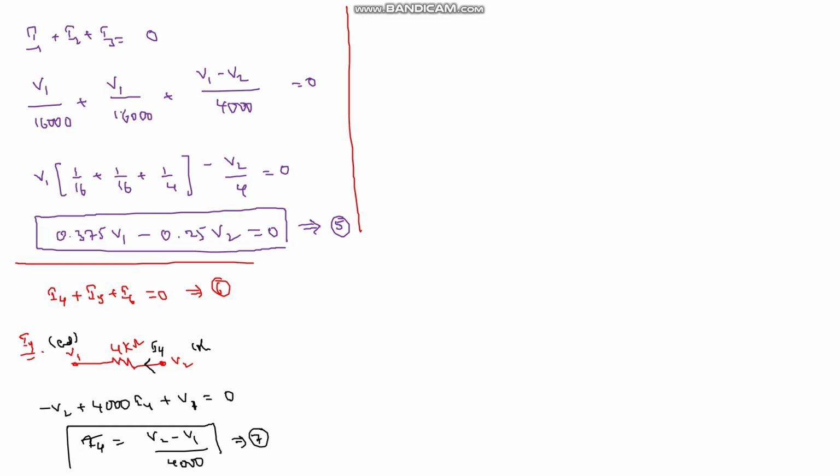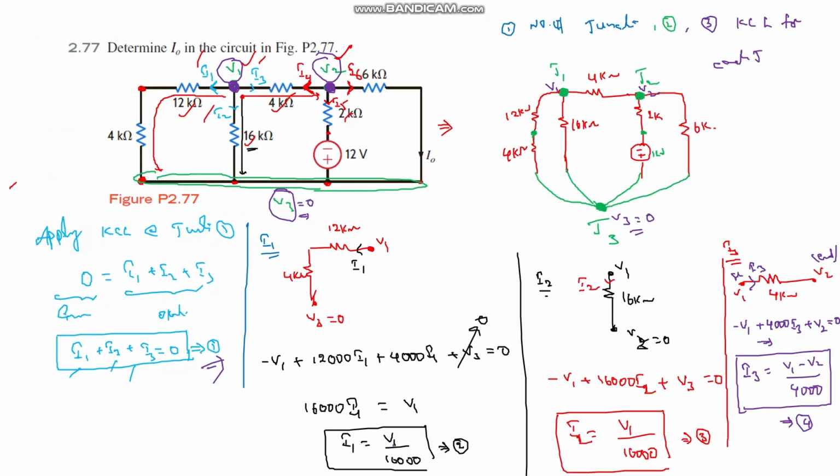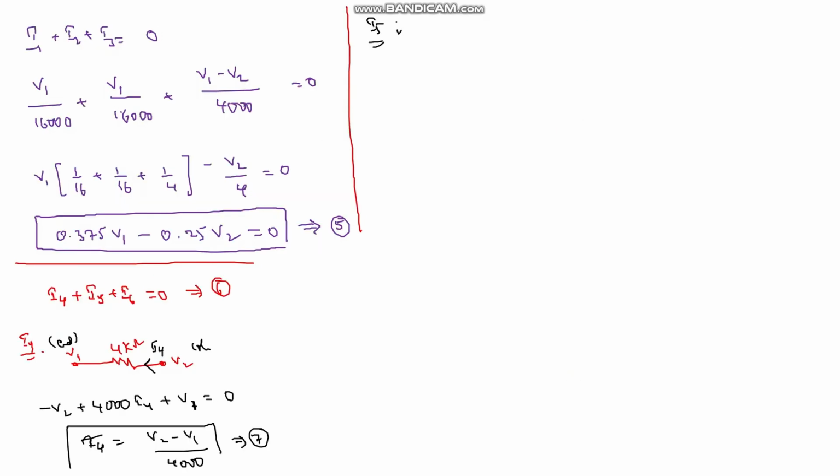Again, expression for I5. What is I5 here? It is the current flowing from junction V2 to V3 through a 2 kilo ohm resistance and a 12 volt source. Just read the circuit as it is: V1, V2, one resistor and one more voltage source, with the upper terminal negative and the lower terminal positive.